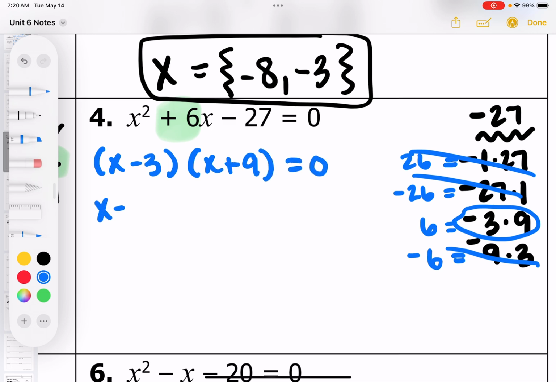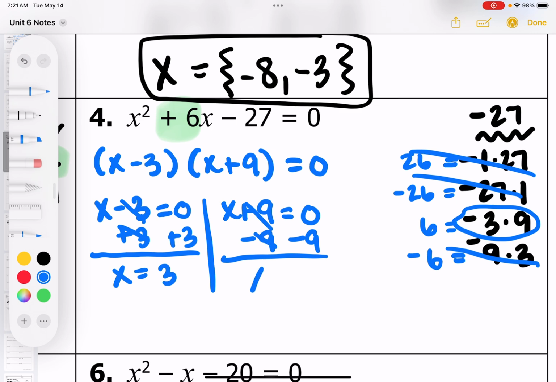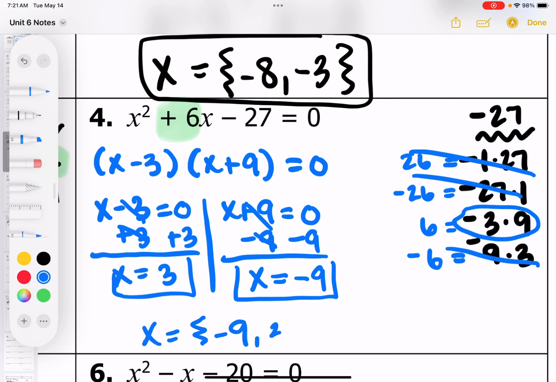Then I'm going to break it apart. And I'm going to solve for X. Then when I make my curly brackets, negative 9 is going to come first because it's smaller than 3.